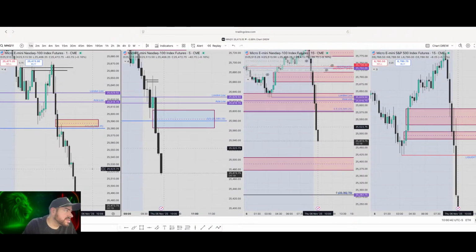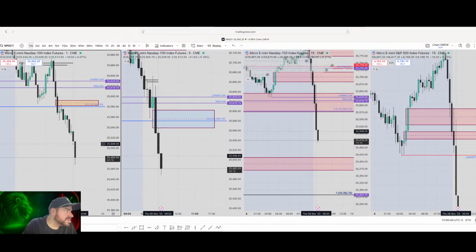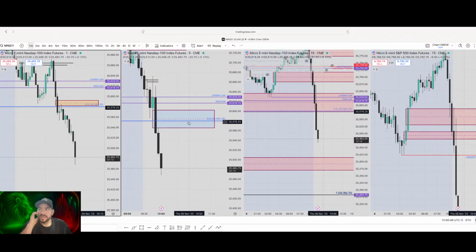But if we keep going down like this, I'm not getting into a trade. I'd like to see a retracement. The risk reward is better like that.